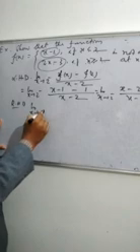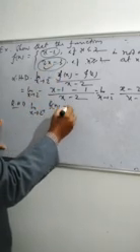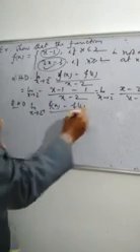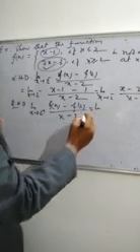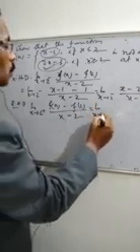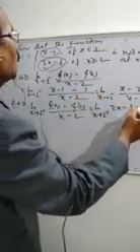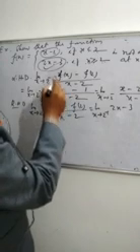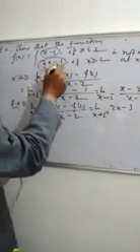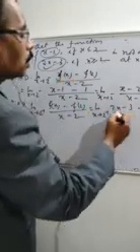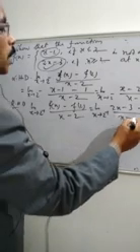Limit x tends to 2 plus, this function will be f of x minus f of 2 by x minus 2. So in this case, limit x tends to 2 plus, the function will be 2x minus 3, and f of 2 will be 2 into 2, that is 4 minus 3, so 4 minus 3 is equal to 1, by x minus 2.